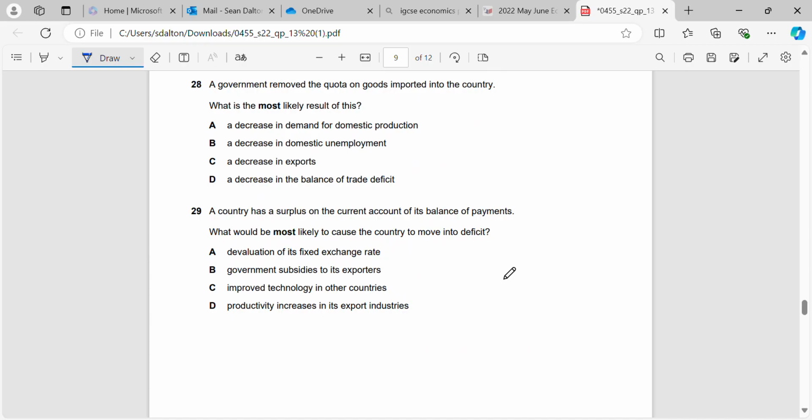Okay, so question 29. A country has a surplus on the current account of its balance of payments. What is most likely to cause the country to move into deficit? A very simple way to think about the current account balance of payments, there is more detail in it than this, is that exports are higher than imports.